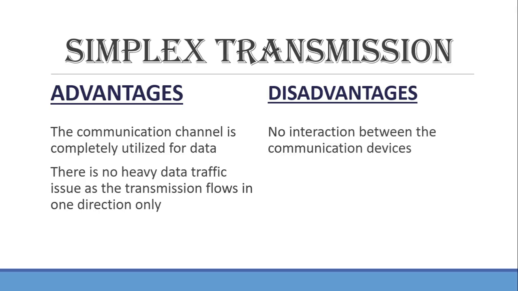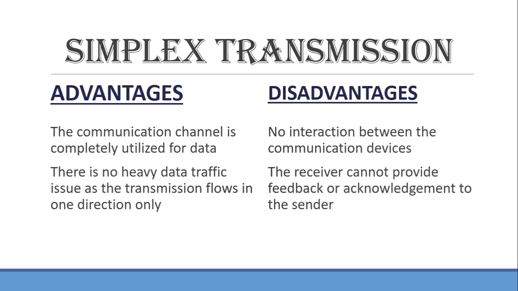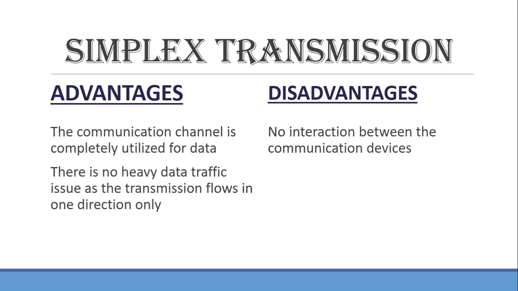The disadvantage is that there is no interaction between the communicating devices, because we are not going for a response or feedback from the receiving device. The receiver cannot provide feedback or acknowledgement to the sender. So this was simplex transmission. Let's move toward the second one.